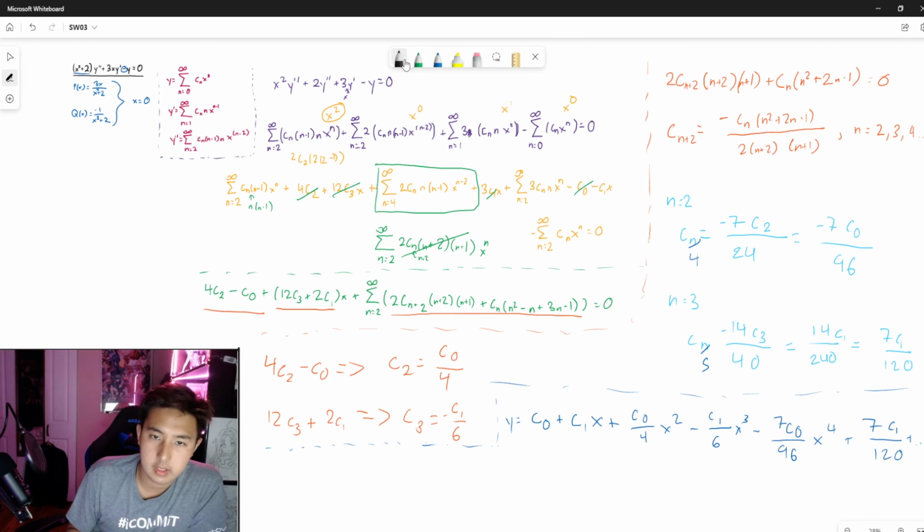So if we combine like terms, we get our final answer. This is all in terms of C0 and C1.